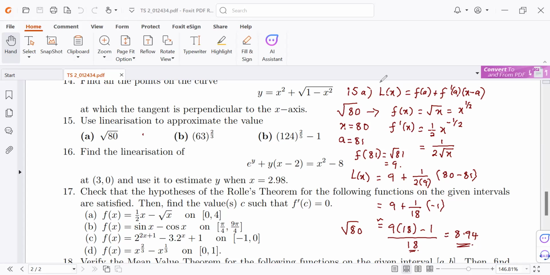Okay. So I think we can do B in a similar manner. Your a will be 64. The other one, I think this should be C. So for C, what will be your a? I'll just guide. a for B is 64, and a for this should be 243, I think.